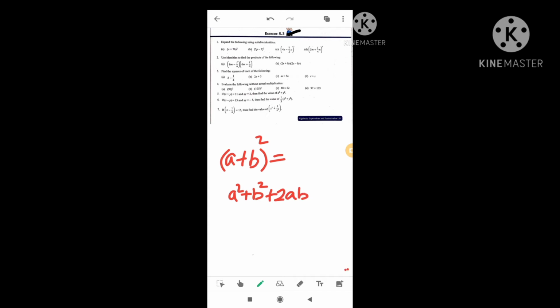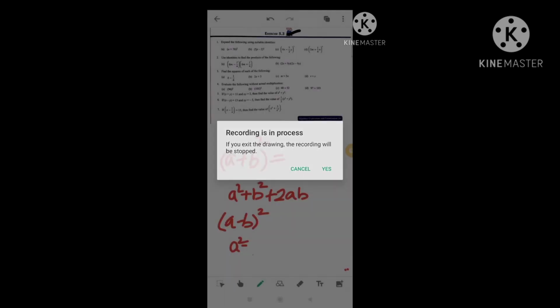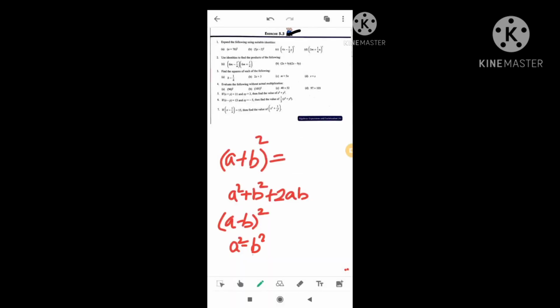In the same way, a minus b the whole square. What is the expansion of a minus b the whole square? It is a square plus b square minus 2ab. And another identity is a square minus b square.